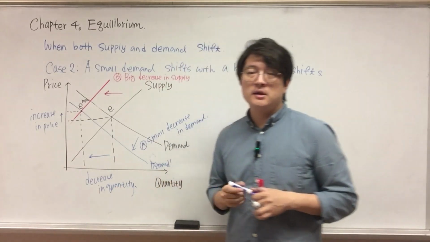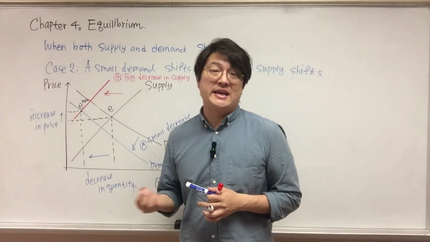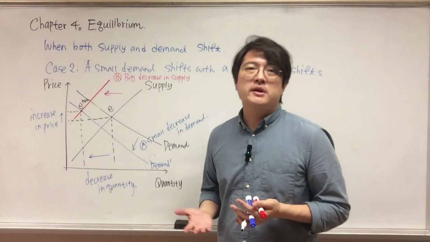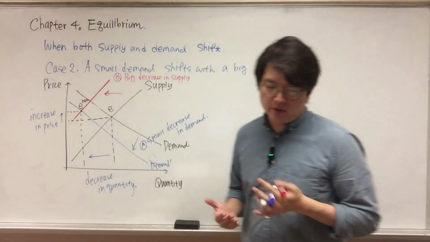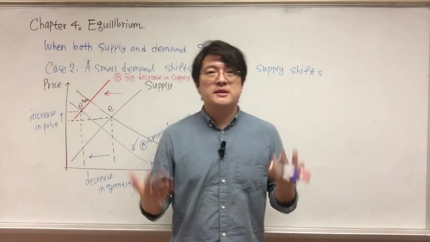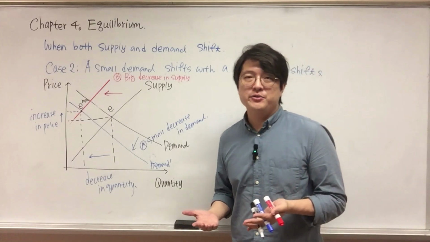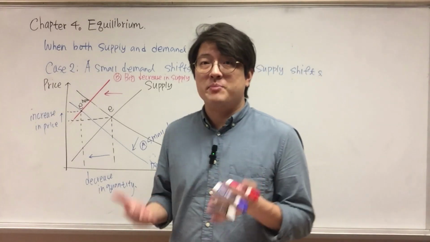Correct? So we have a different result between case 1 and case 2. Therefore, this can vary depending on how much the demand and supply curves shift. Okay, so that's why we cannot decide the result, and it's ambiguous.